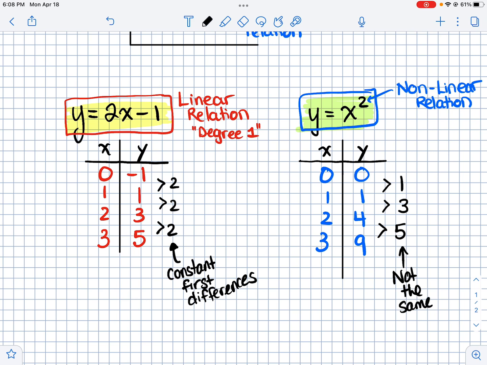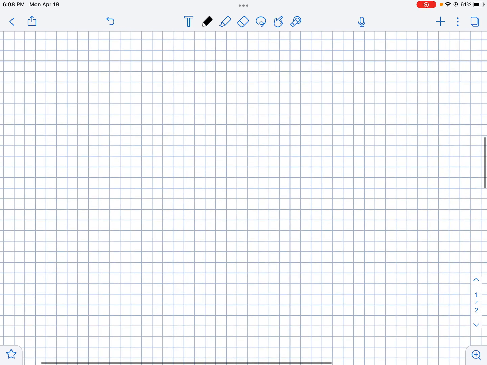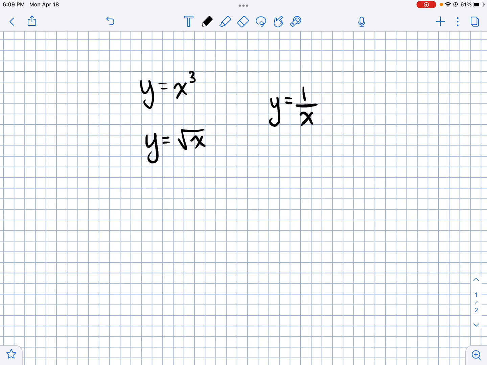Turns out anytime you stick something weird in an exponent, like x to the power of 3, really anytime x is to the power of something that's not 1, it's nonlinear. Also, if you throw in something like a root, that's not going to be linear. If you put an x in the denominator, like 1 over x, that's not going to be linear.